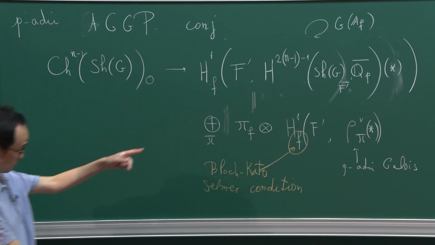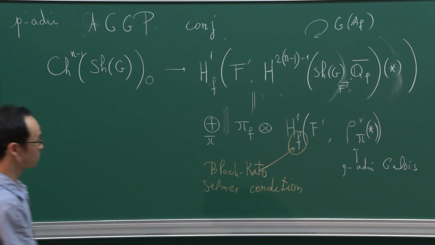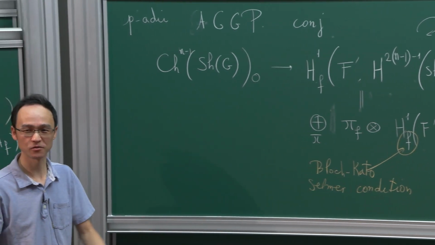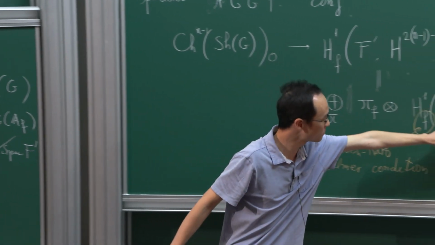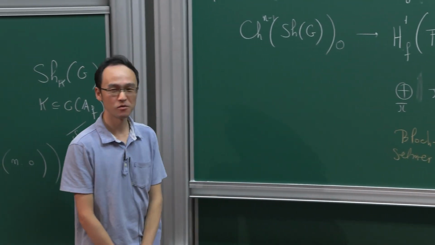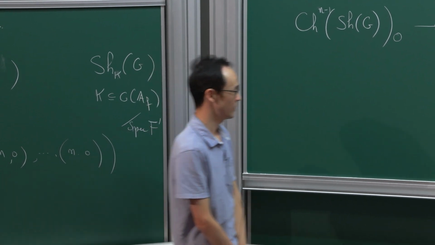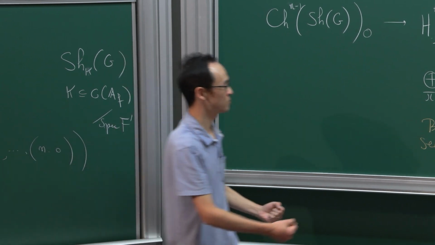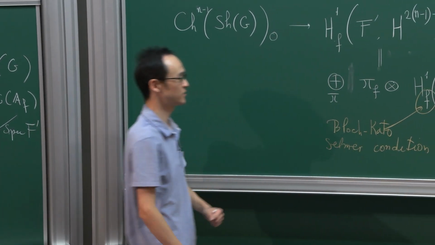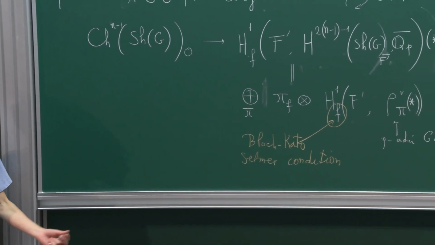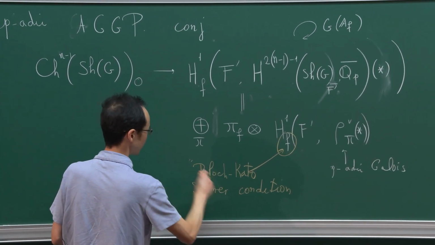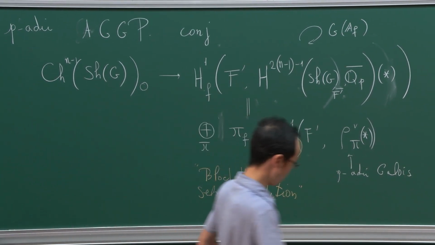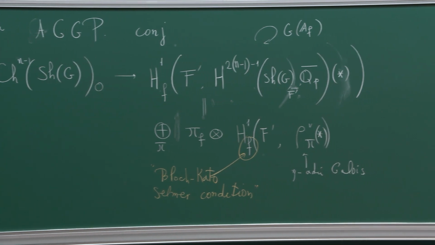This means if you view H^1 as the space of extensions of the trivial Galois module by the Galois representation, then this indicates this extension should be crystalline, at least if my representation is crystalline at p itself. So there's a crystalline condition here. Anyway, this is how the p-adic height pairing can be defined.